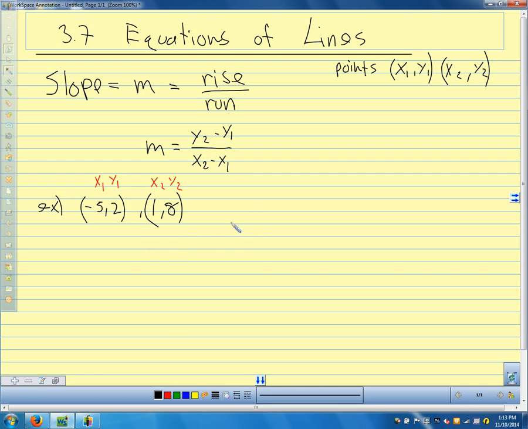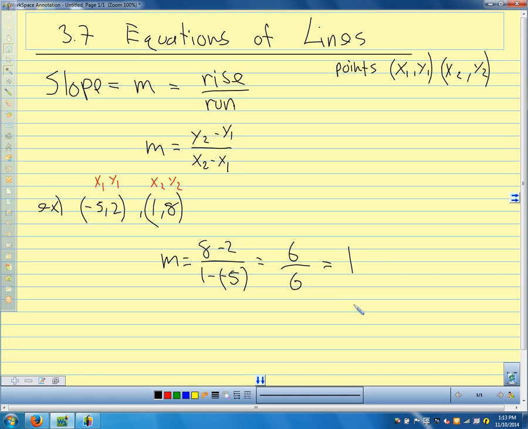So our slope is y2 minus y1, 8 minus -2, over x2 minus x1, 1 minus 5. 8 minus -2 is 10. 1 minus 5 is -4.